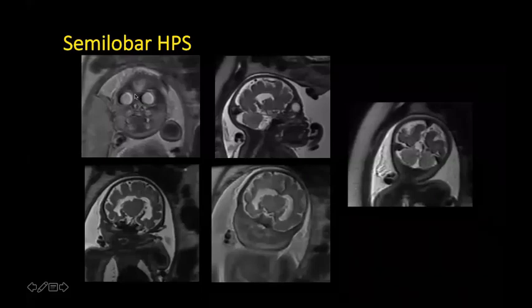If you are not able to place another orbit there, then it's hypotelorism, which is the two eyes being close to each other. And then you can see here the monoventricle, the hypothalamic region and thalamus are fused, but posteriorly you start to have more separation, and that's the posterior falx here separating the two hemispheres.